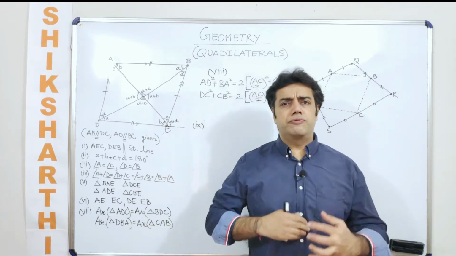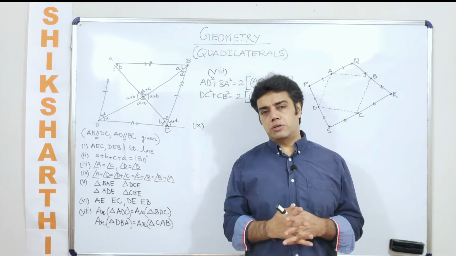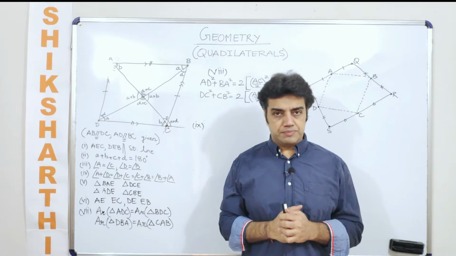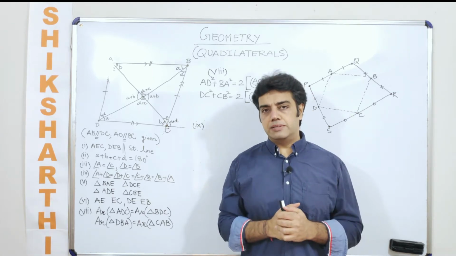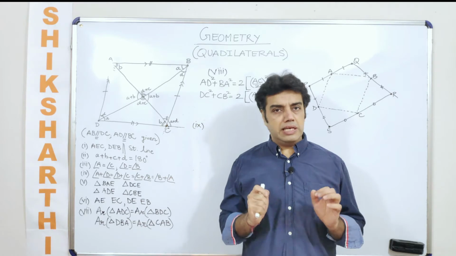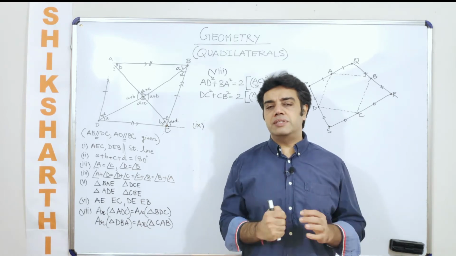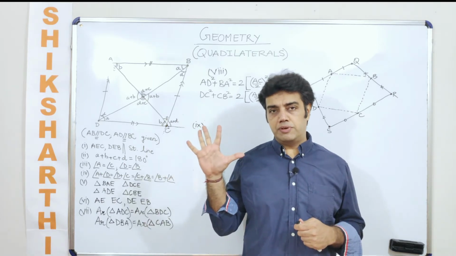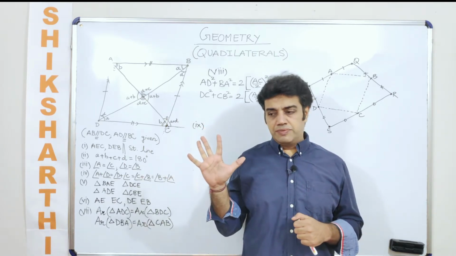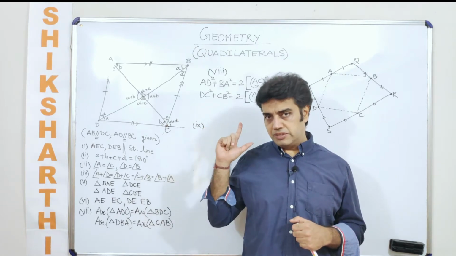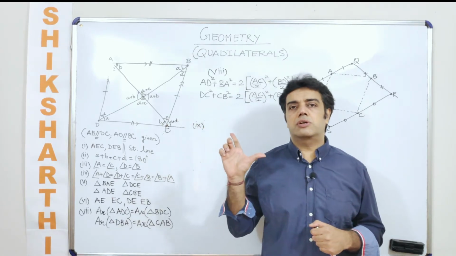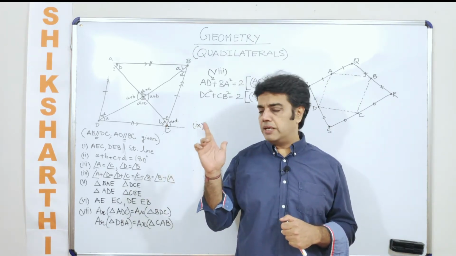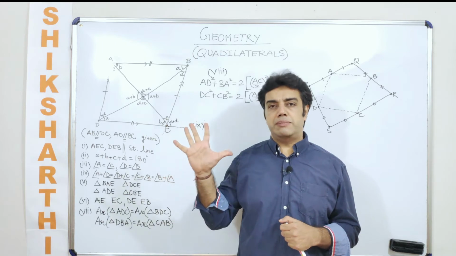So let's say one, parallelograms, another, rectangles, then squares, then rhombus, then trapezium. So how many categories have we talked about? We have talked about 5 different types of quadrilaterals. Now, which are these 5 types? I'll just repeat for your convenience. First, a parallelogram, then rectangle, then square, then rhombus, then a trapezium.